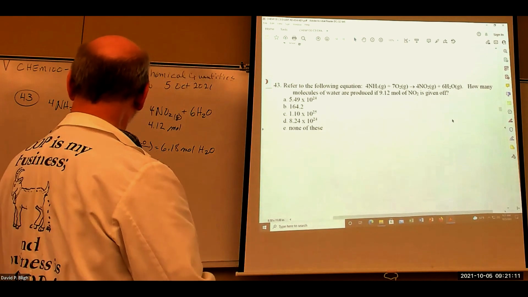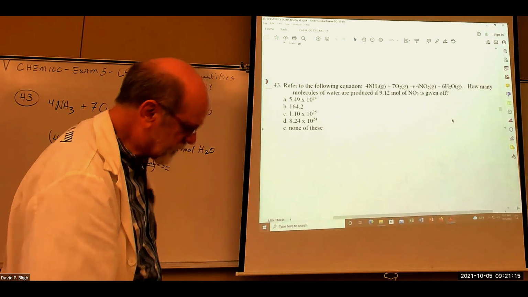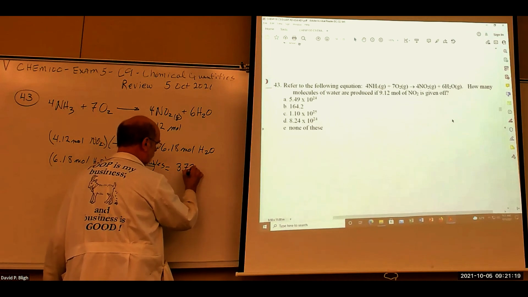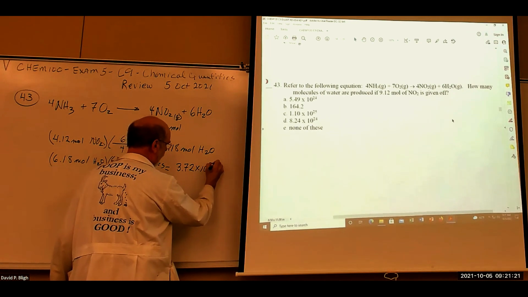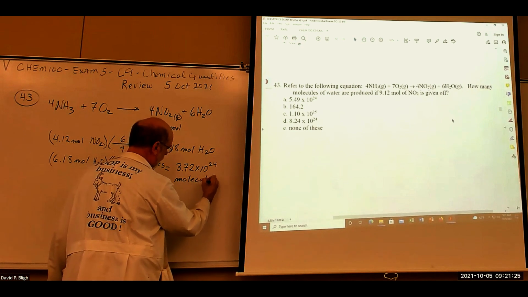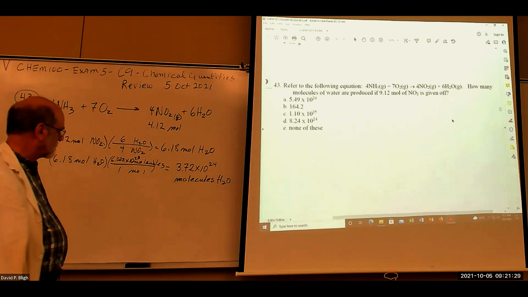Let's see, round it off to 3 significant figures. 3.72 times 10 to the 24th molecules of water.